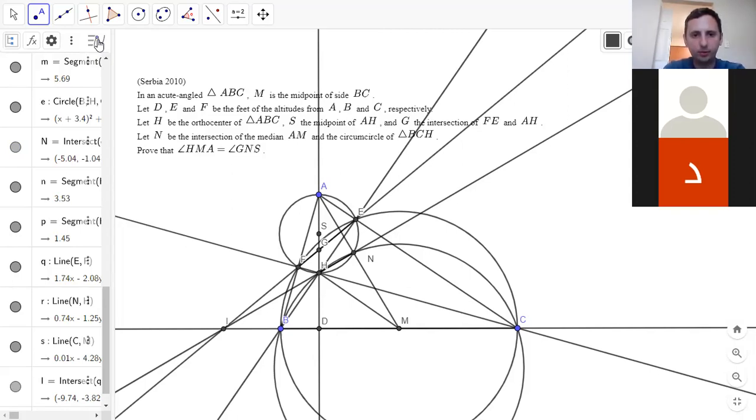Yeah, SDN. So the angle SNG is equal to SDN and equal to HMN. Okay. So yeah, that does it.